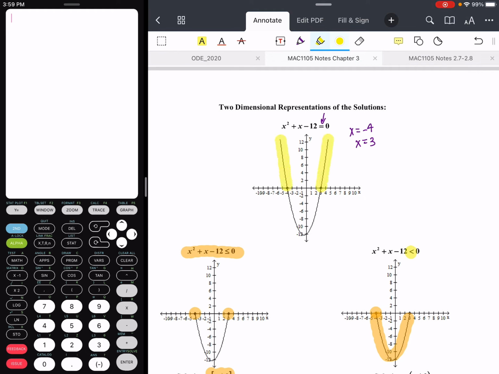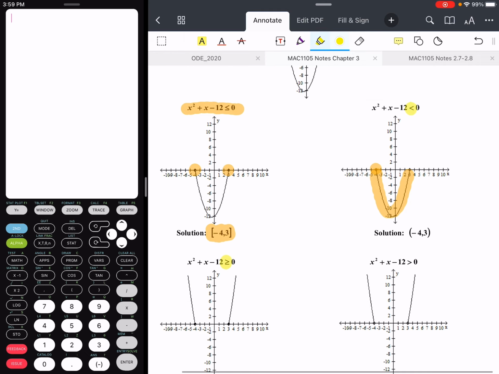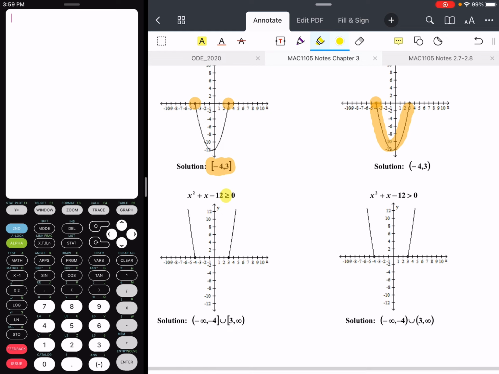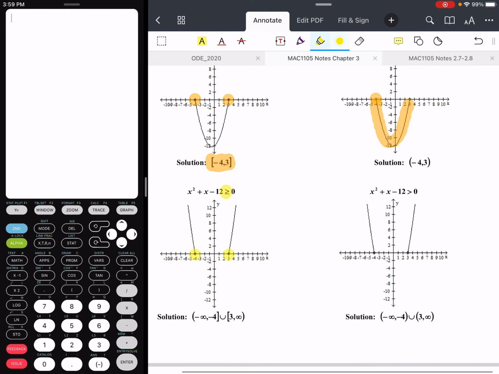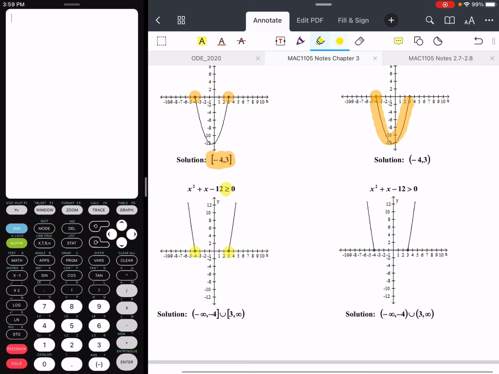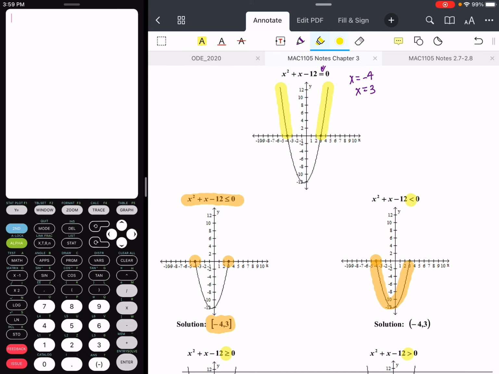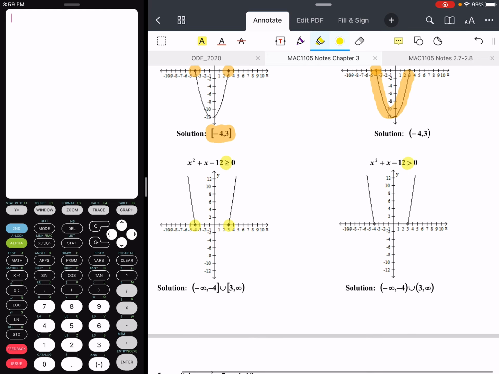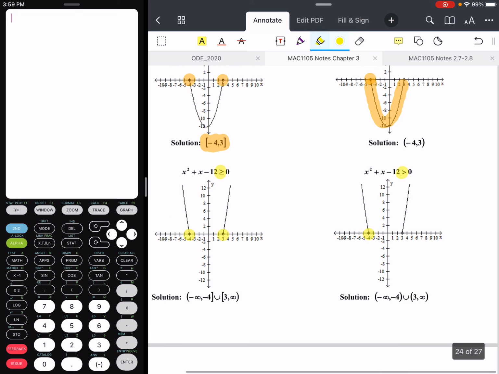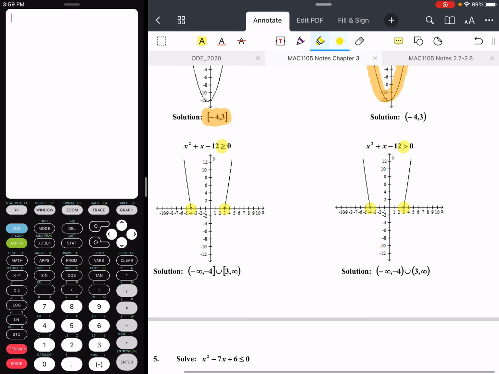And the x values that allow us to do that are from -∞ to -4 or 3 to +∞. And because it's greater than or equal to, we're including those boundary values. Over here, x squared plus x minus 12 is strictly greater than 0. So again, we have that positive portion above our x-axis where our function value is positive, but we're using open circles at -4, open circle at +3, corresponding to rounded parentheses at -4 and +3.